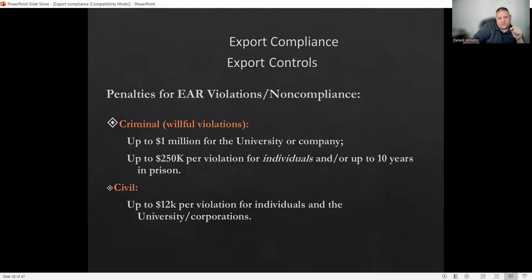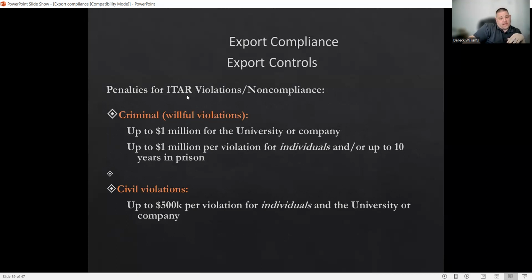No, the individual can potentially be criminally charged, $250,000 per violation. So if you sent 300 emails that all violated the EAR, that's 250,000 times 300, and 10 years in prison times 300. So they're pretty strict on that for willful violators. Civil can be $12,000 per violation for individuals and for the university or corporation.